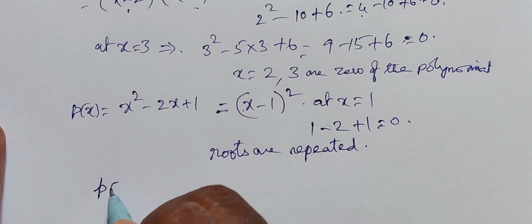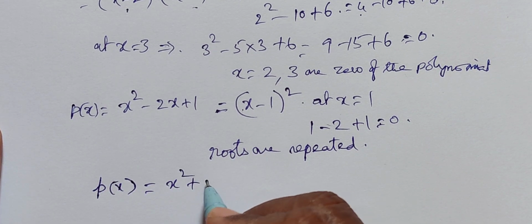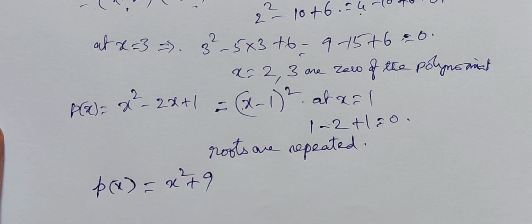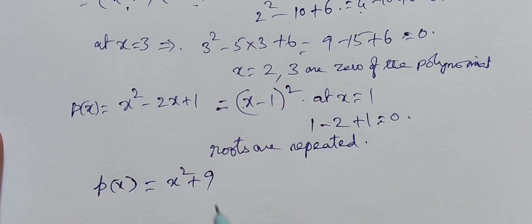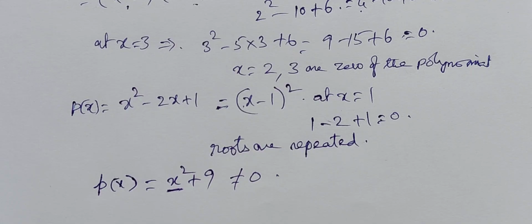Let me take p of x equal to x square plus 9. For any value of x, when you square it, it becomes positive only. A positive value plus positive value, can it ever become 0? It can never become 0. So this kind of polynomial is called a no zero polynomial. Is that clear?